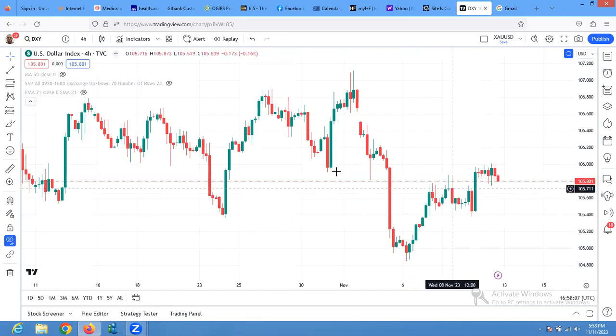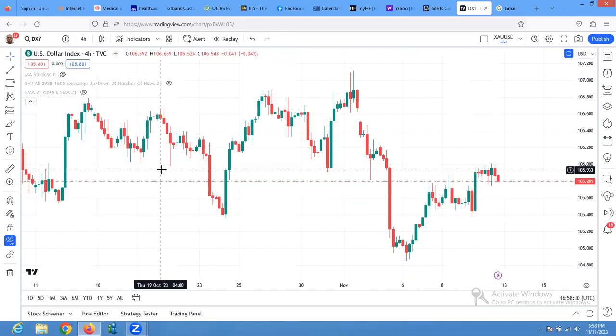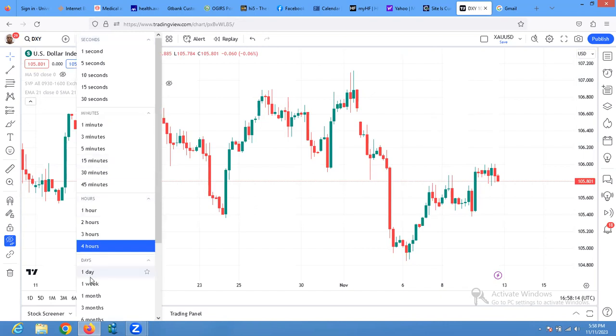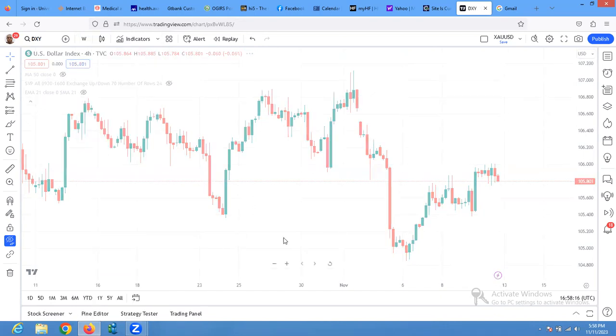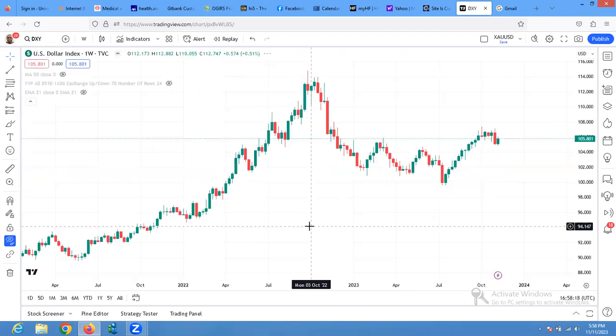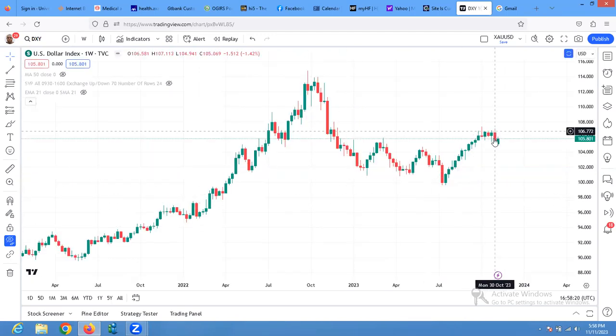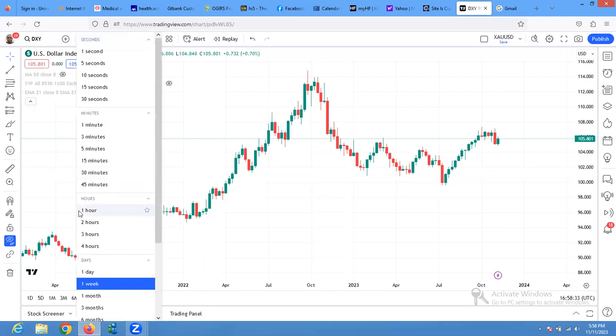That is what we can see. Let's look at the weekly time frame again. From the weekly time frame, you can see this engulfing candle, but not that engulfing with the kind of price action here. So anything is 50-50.